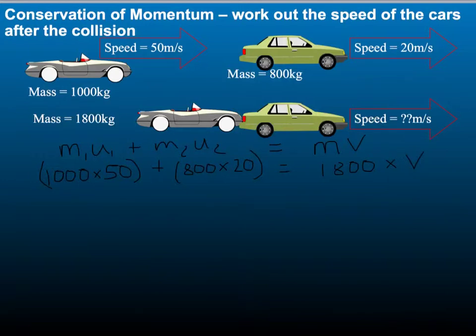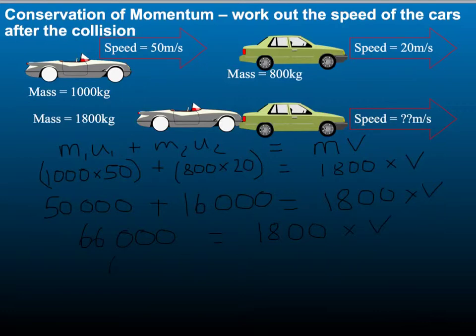So this is equal to 50,000 plus 16,000 equals 1800 times v. This gives us 66,000 equals 1800 times v.